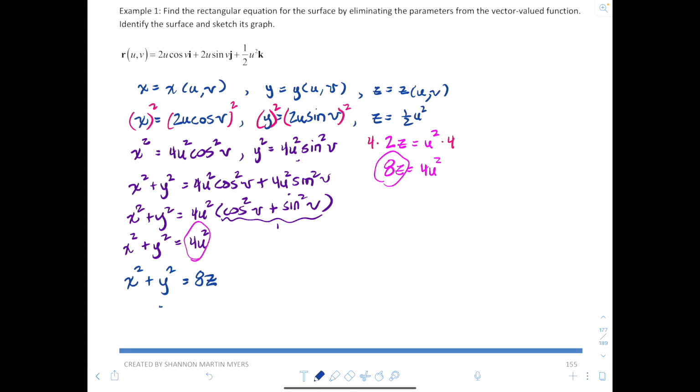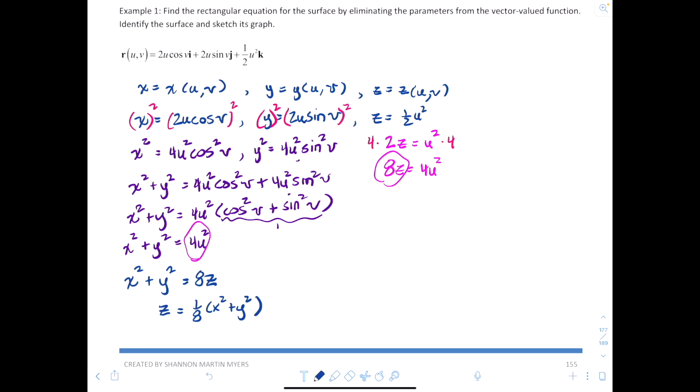So now if I isolate z, what's going to happen? I'll get z is equal to 1/8 times x squared plus y squared. So you'll get parabolas in the xz plane, parabolas in the yz plane, right? So it ends up being a paraboloid, right?